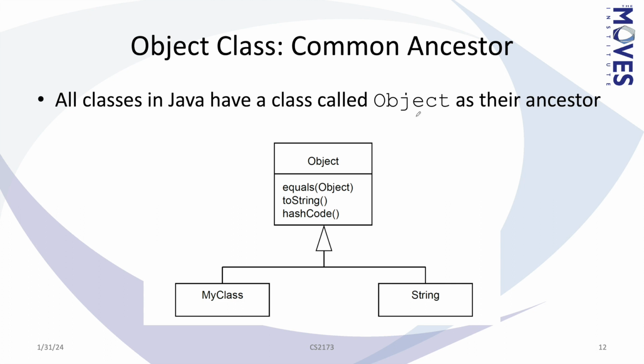What the Java developers realized, largely through experience with other object-oriented languages and the issues that came up, is that they wanted to make sure there were things common to every single object. That is, every object that got created would have these common things. So they used this idea of inheritance and this sort of granddaddy class.